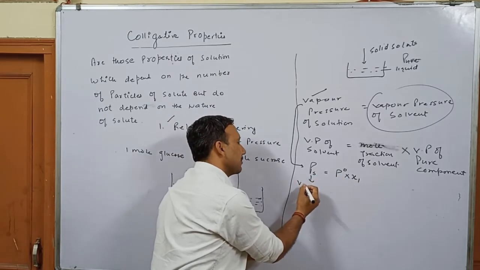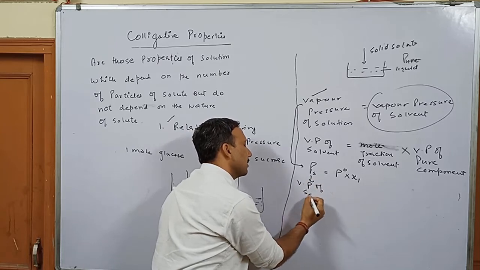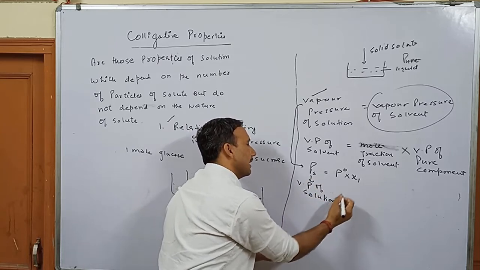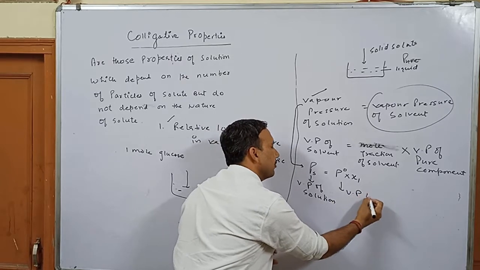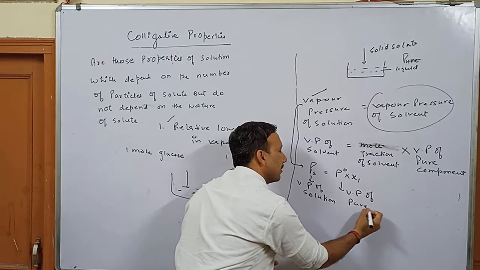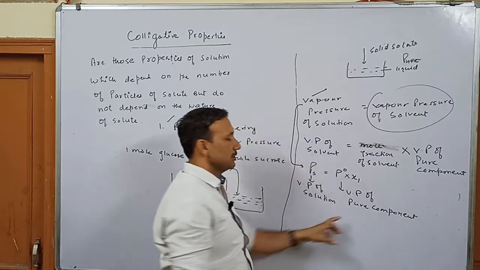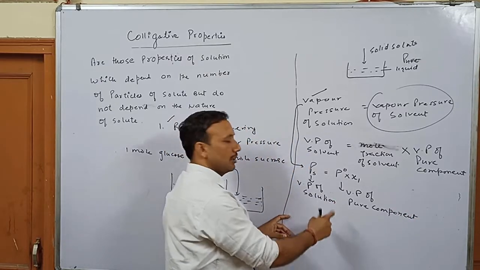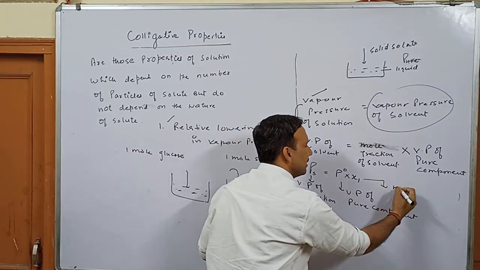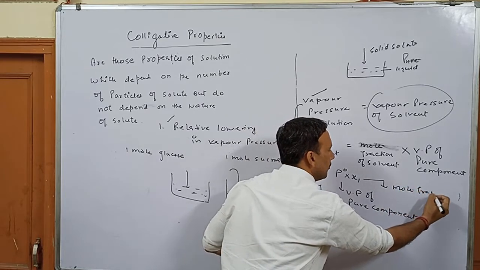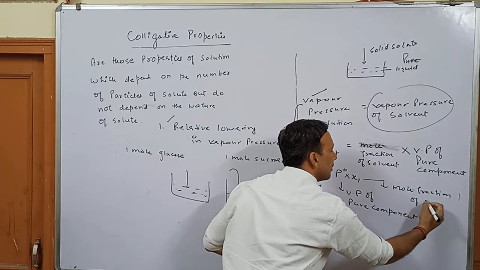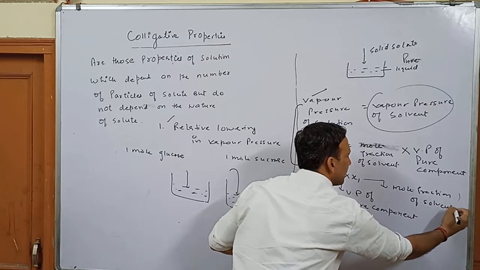Ps is the vapor pressure of the solution and P0 is the vapor pressure of the pure component, that is, of only the solvent, which is volatile, and X1 is the mole fraction of the solvent.